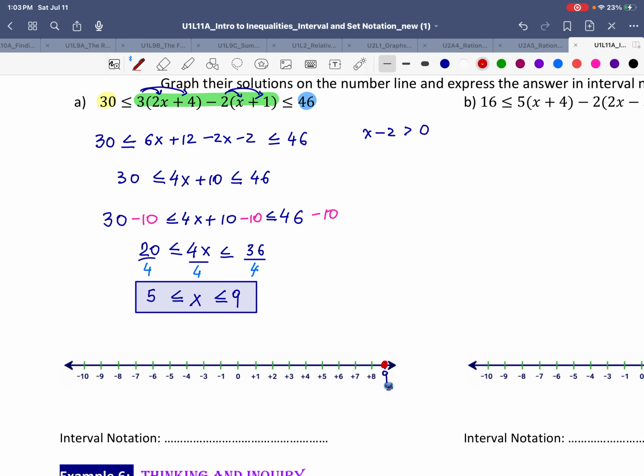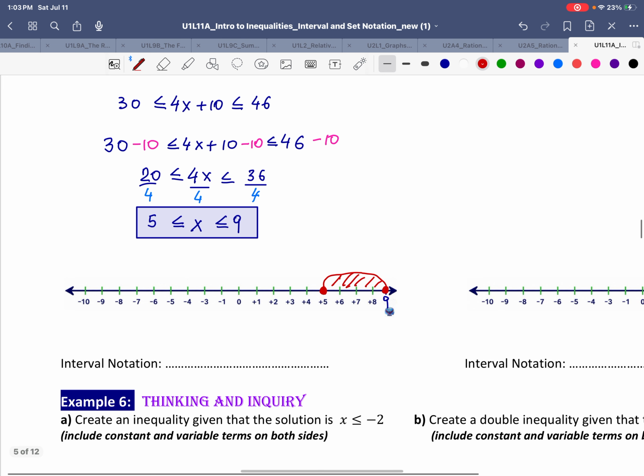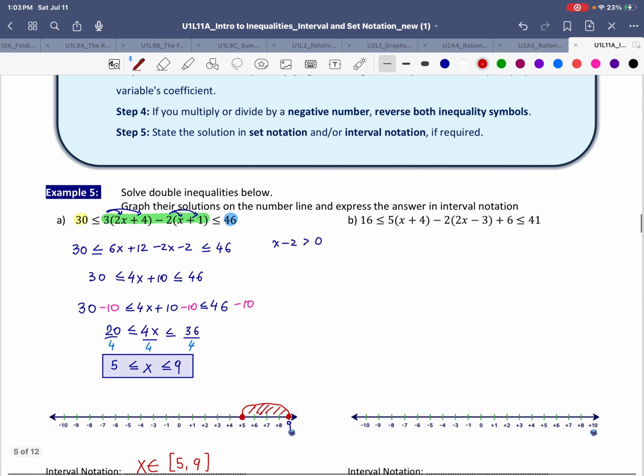And we have number 5 as well. All the x values here will be between 5 and 9. So this would be the solution. And in interval notation, we're going to say that the solution will be between 5 and 9. Both numbers are included in the set, so we're going to use square brackets around it. And you're done.